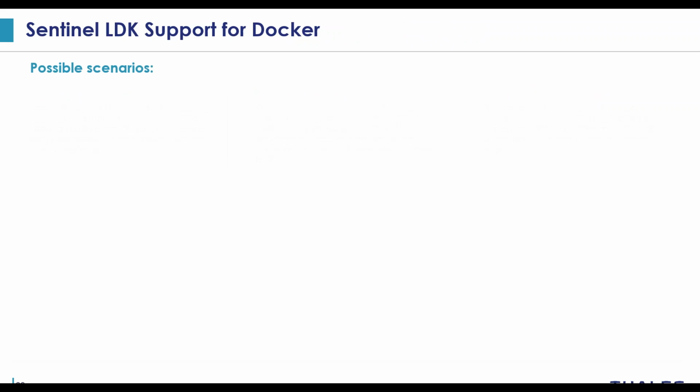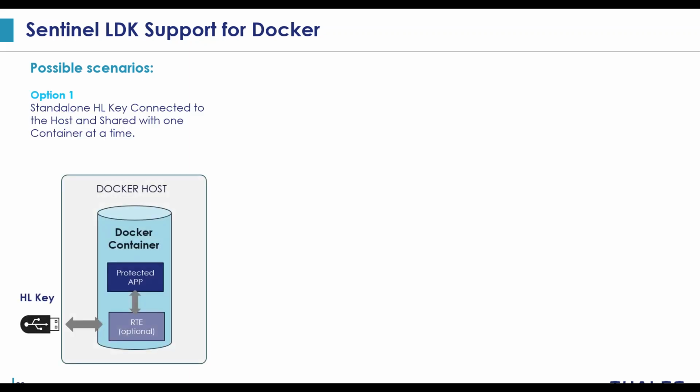How do we support licensing in Docker? Maybe there are some more, but we want to go with 3 possible scenarios. The first one is that a Docker container is configured to have local access to a hardware key.